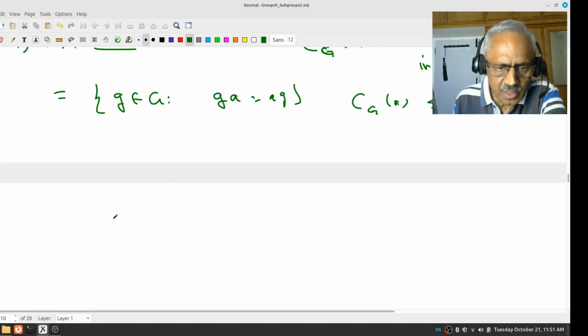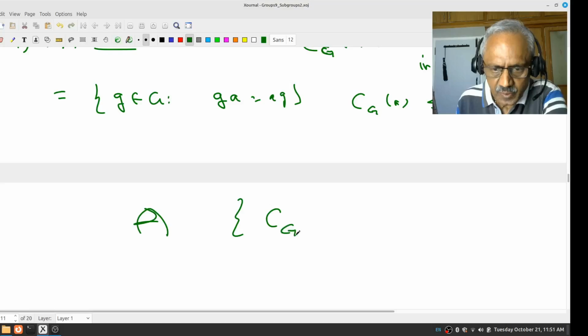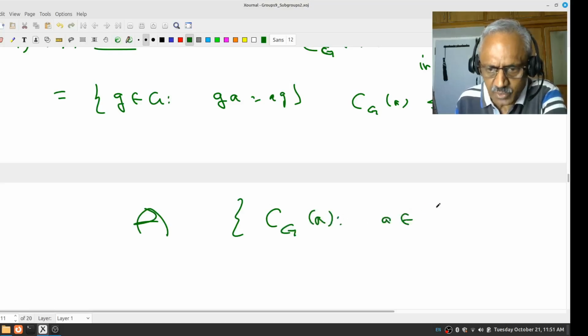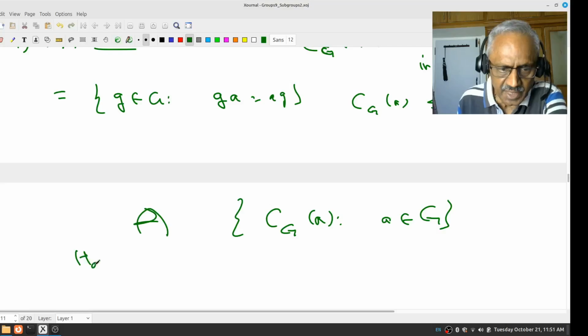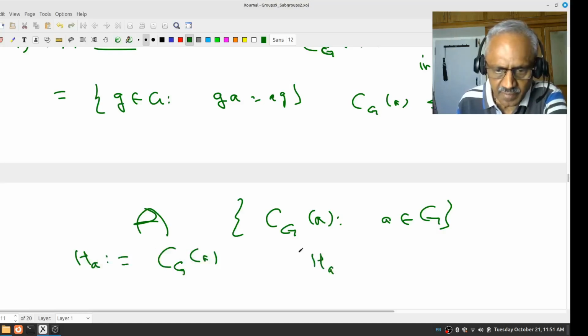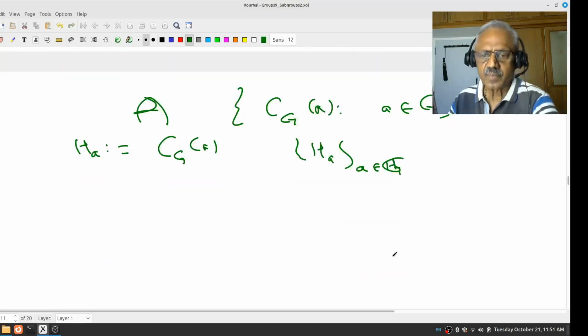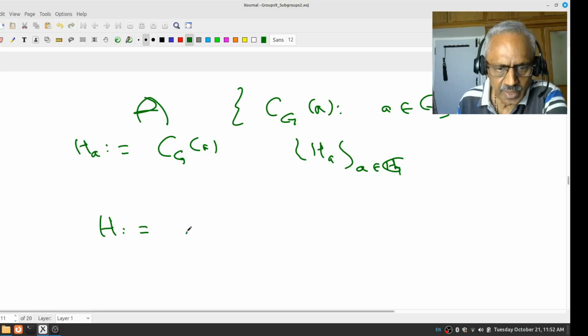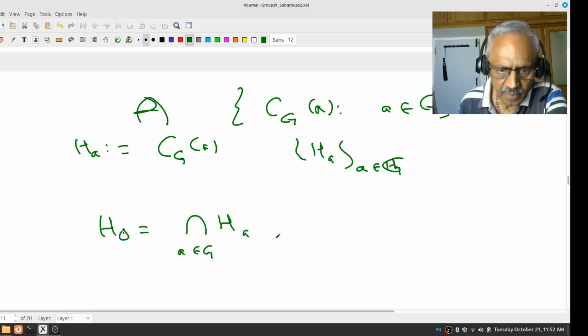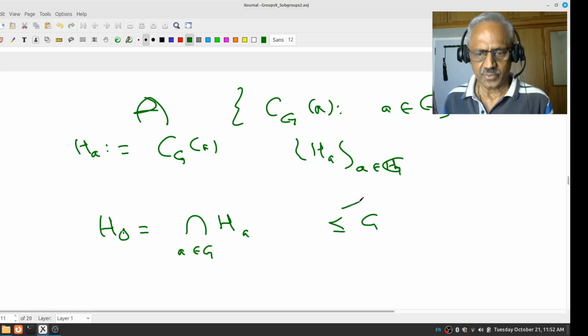Now, let me look at this. Therefore, I have an indexed family C_G(a) as a varies over G. Let H_a equal C_G(a), the centralizer of a in G. Therefore, H_a is a collection of subgroups indexed by elements in G. Now, let H, or H naught as we called it, equal the intersection of H_a, a in G. This is a subgroup, we already know that.